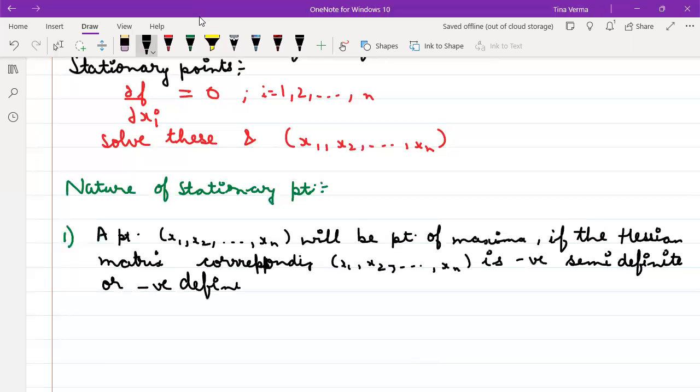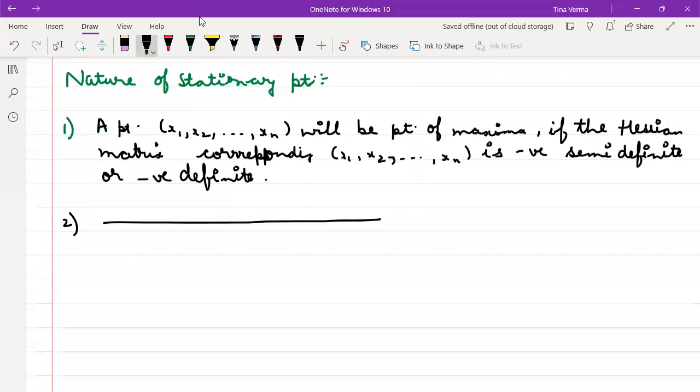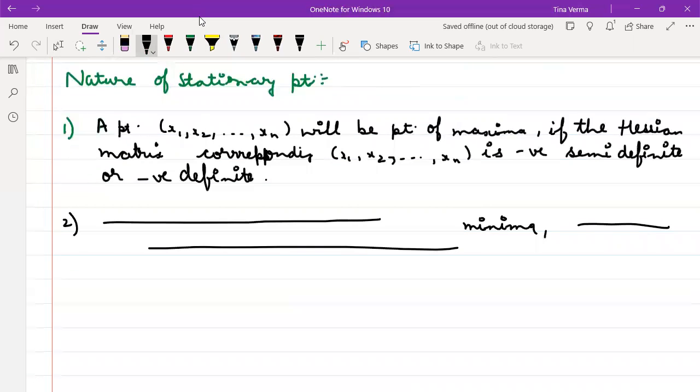Do you remember negative definite, semi-definite? No? I will explain. Firstly, you just write, then I will explain, right? The second is the same. A stationary point will be a point of minima if the Hessian matrix corresponding to x1, x2 is positive semi-definite or positive definite.